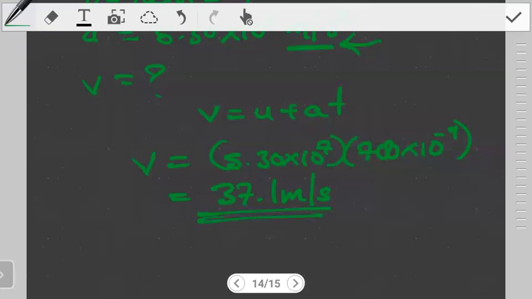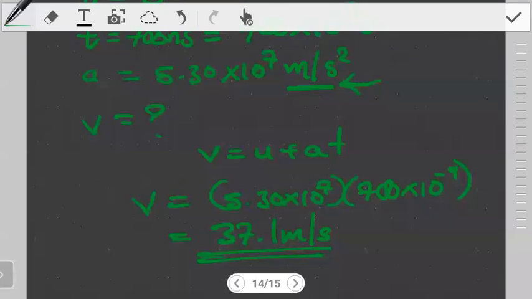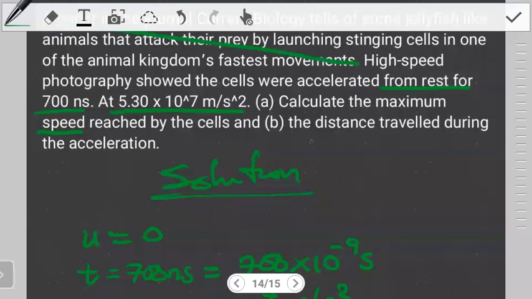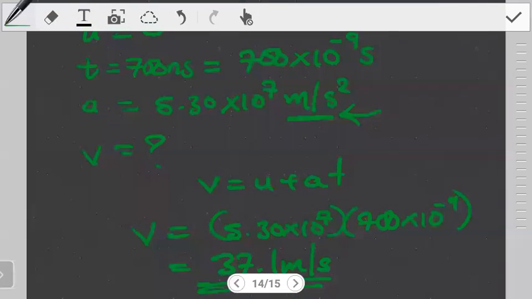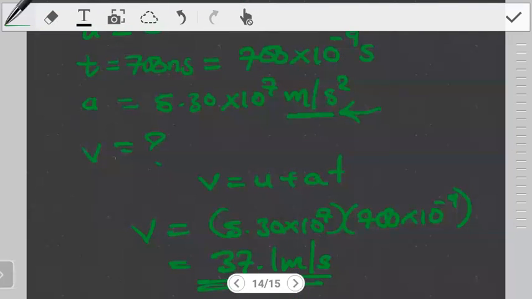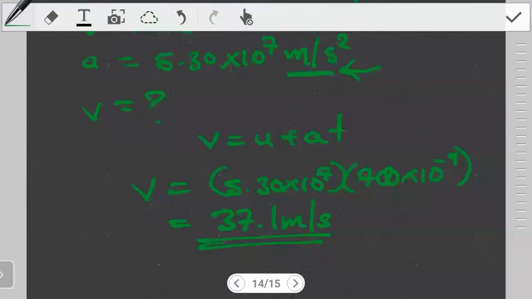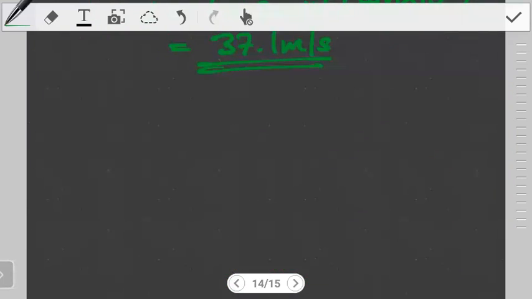Next, in the second part, the question is asking for one simple thing: the distance traveled during the acceleration. As this animal was accelerating, how much distance does it actually cover? Any equation will work provided it has distance, so we could use v squared equals u squared plus 2as.